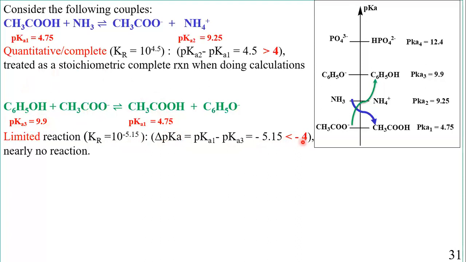Not only does the reaction not proceed, the reaction is actually limited. There is hardly any reaction going forward, because look at the KR. It's 10 to the minus 5.15, which is less than 10 to the minus 4.